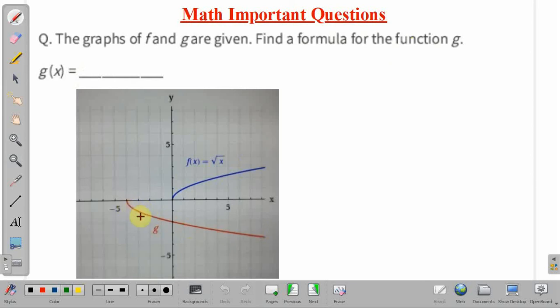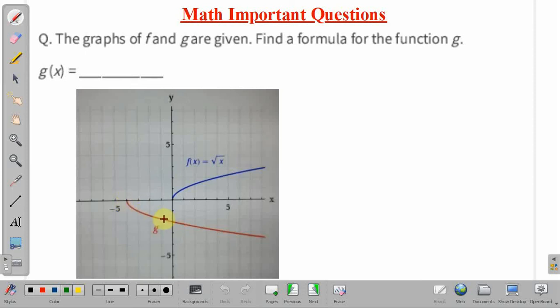If you analyze, you can see that if we take a vertical reflection of f(x) about the x-axis, and then shift the result obtained after vertical reflection in the horizontal direction, towards the negative direction of the x-axis, we can get a graph similar to g.